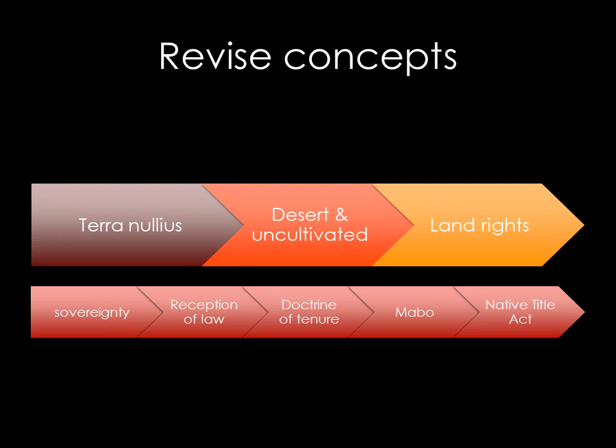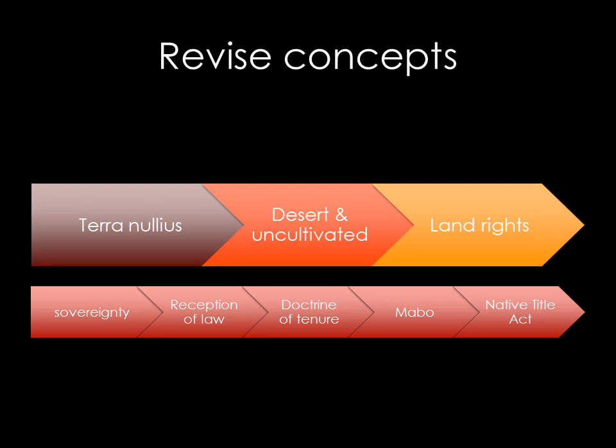The land rights phase and the declaration in Mabo resulted in a fundamental change to the doctrine of tenure. It divorced sovereignty from ownership of land and confirmed that the Crown only received a radical title at settlement.